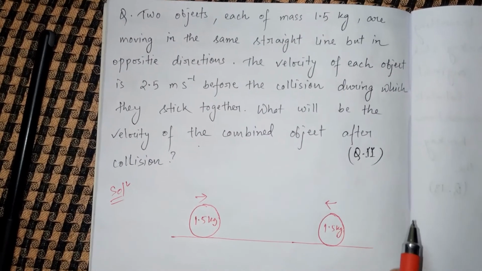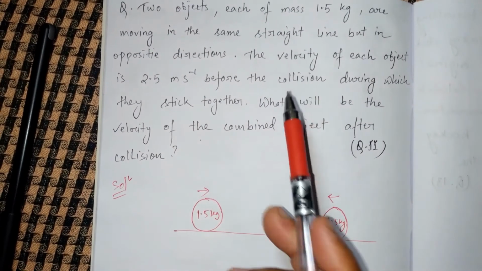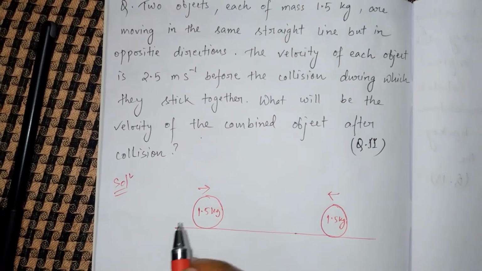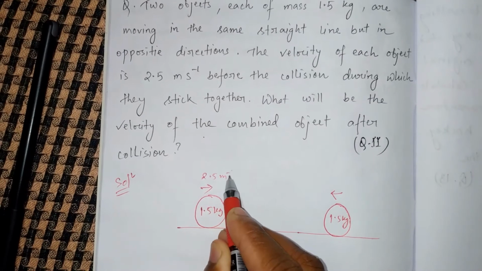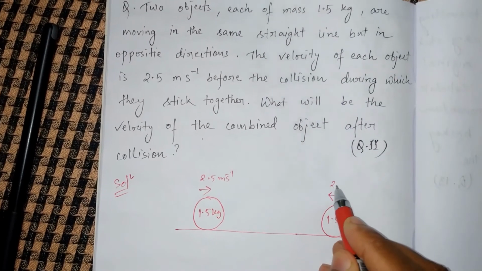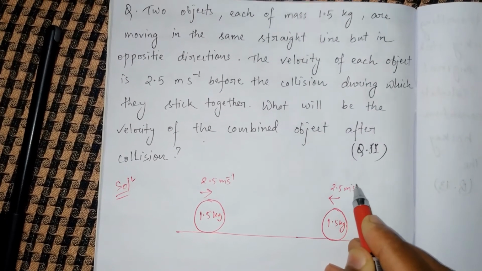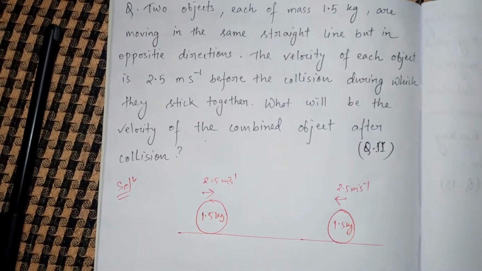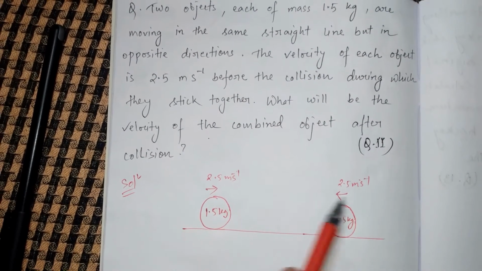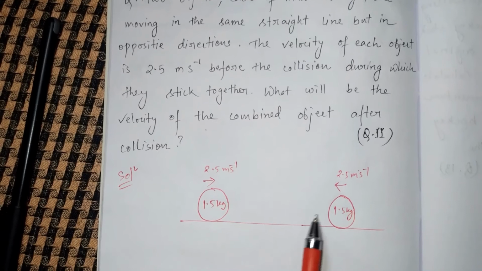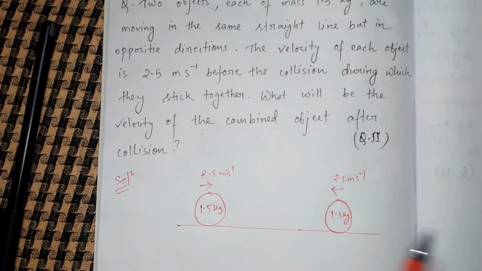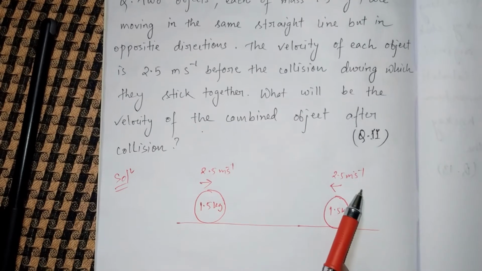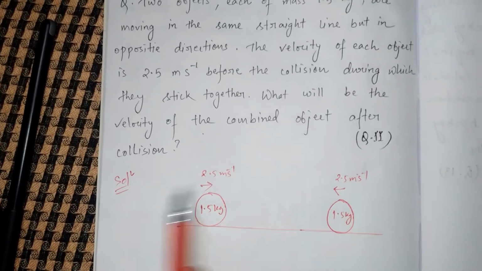The velocity of each object is 2.5 meter per second. So here you see 2.5 meter per second, here also 2.5 meter per second. Same situation here, masses are same, the velocity by which they are moving is also same, but the difference is they are moving in opposite direction. Like one is moving in the right way and the other one is moving in the left way.